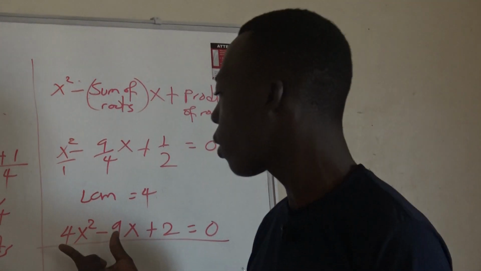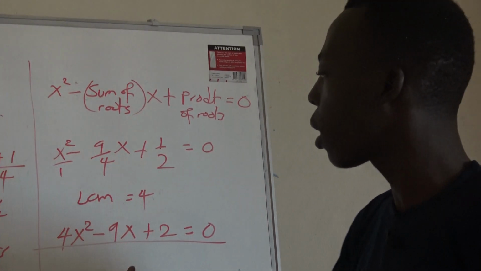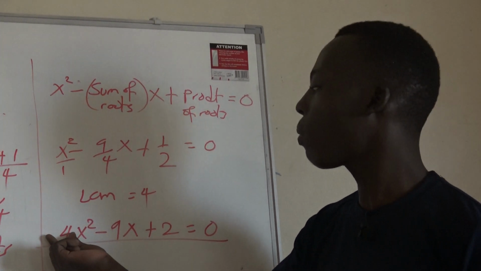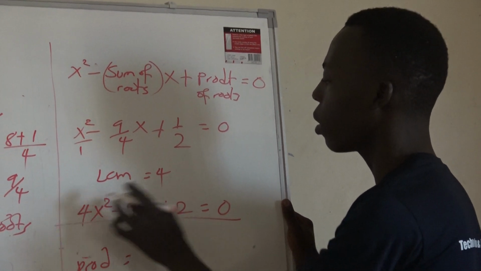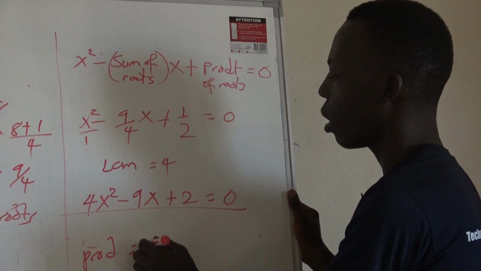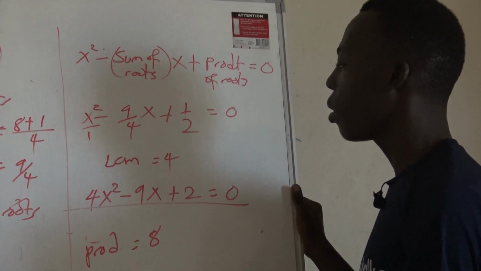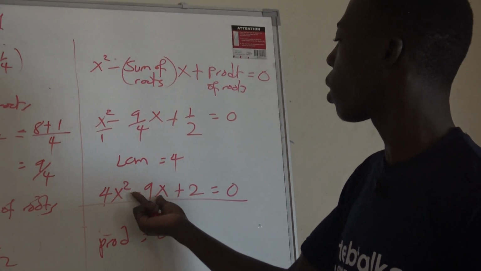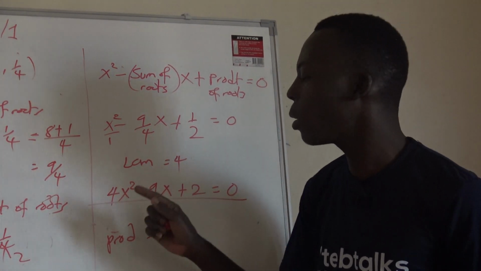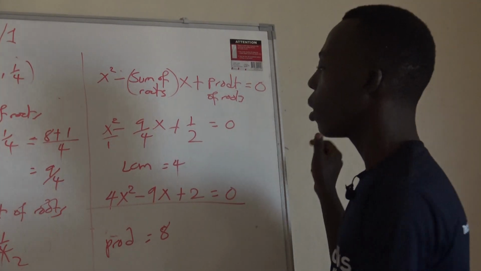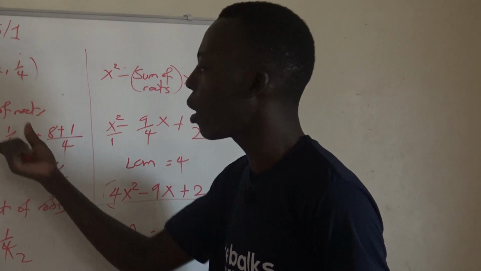If you want to check that the answer is correct, first see, we said that we get the product after multiplying this first one by this. So the product here will be this times this, which is 8. So also get the sum. The sum will be this 9. But also here we said when we are getting the product and the sum, this one must have a coefficient of 1, like what we had the other side.